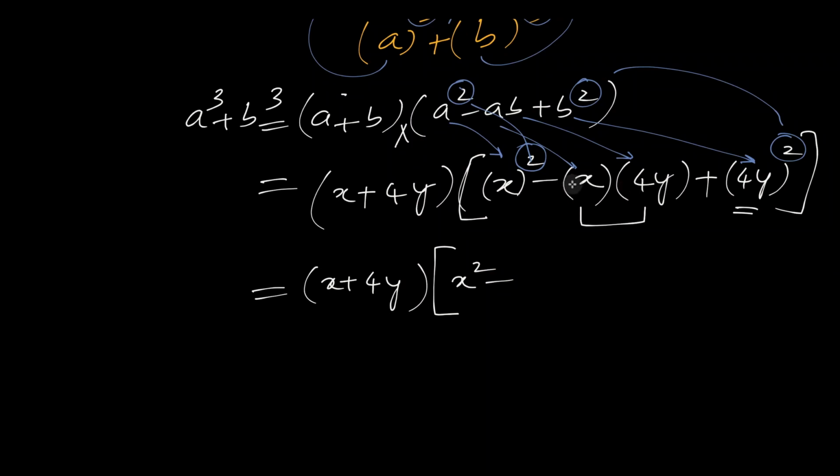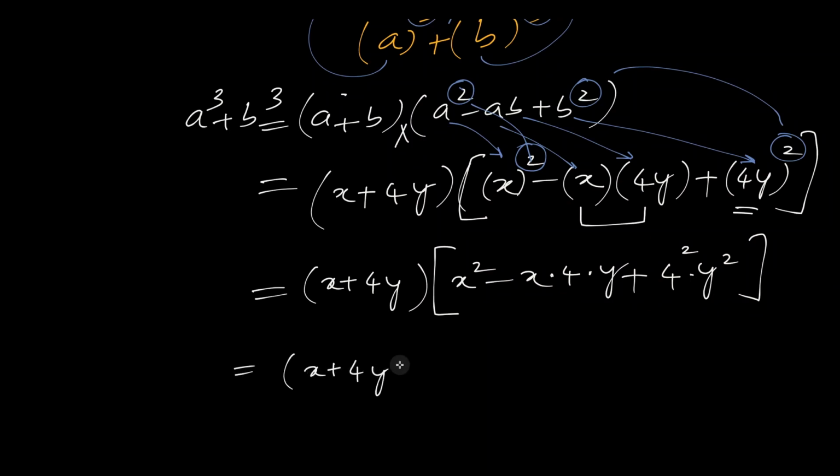By default, it has the plus sign. Plus into minus is minus, minus into plus is again minus, and we are going to multiply x into 4 into y plus 4y square. How we can solve 4y square is, it is 4 square into y square. Now we have solved all the small brackets. X plus 4y as it is.